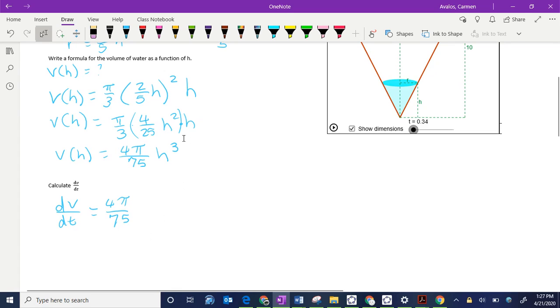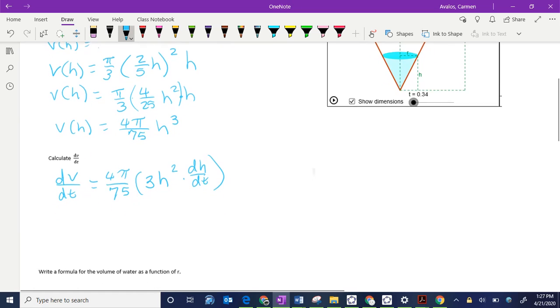So we're going to do the same thing. So it's a little bit of implicit differentiation. We take the derivative of the outside, which is going to give me 3. I leave the inside alone, and then that's going to be squared, because that's what we get there. And then I take the derivative of h, and so that's going to be dh dt, and that is going to be my derivative there.